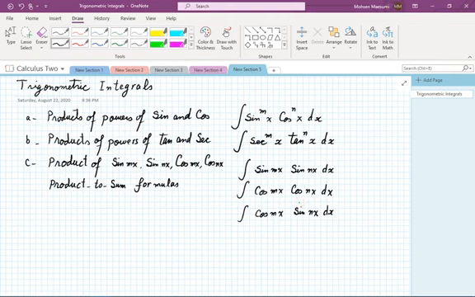Before we get into the details of these integrations, let me give a little bit of motivation why we are trying to do these things and where this is going. As far as basic engineering calculations, you are going to be concerned with essentially integral of sine square and integral of cosine square, which are the most important integrals that you see.